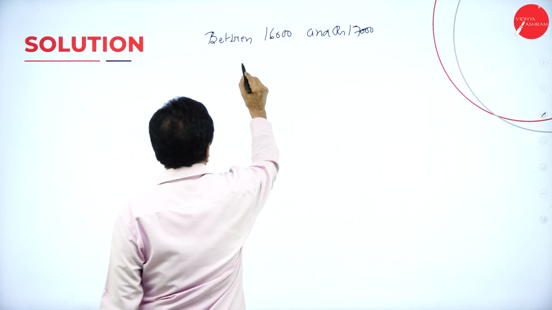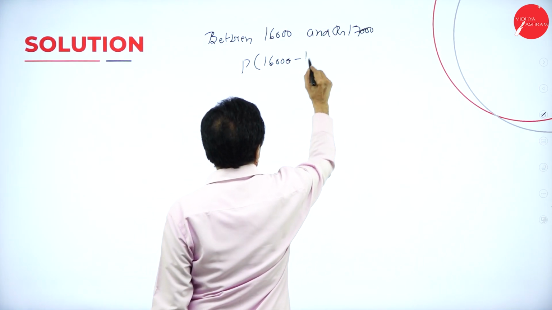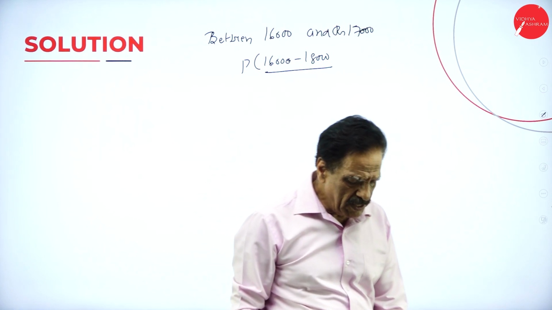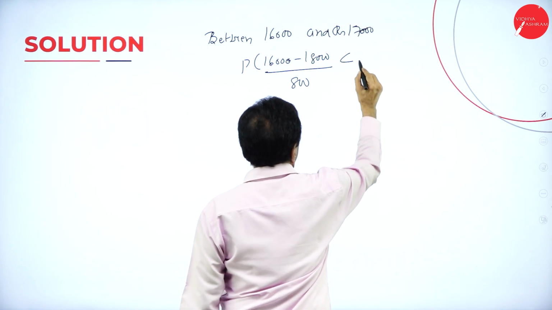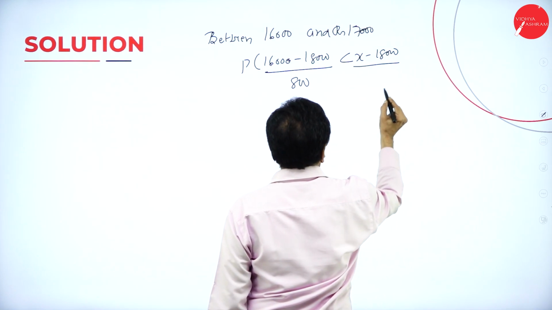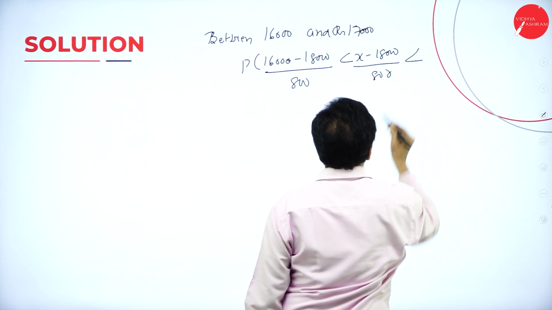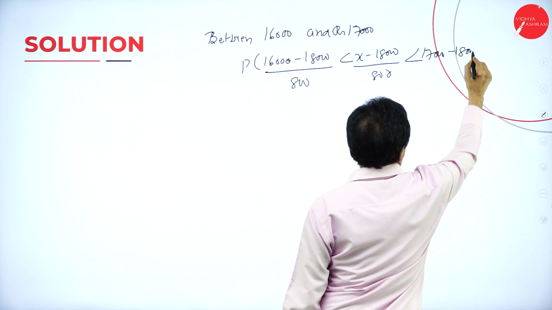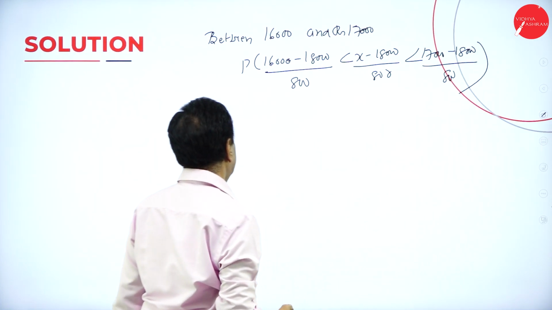So P of 16,000 minus 18,000 divided by your standard deviation 800, less than X minus 18,000 divided by 800, then less than 17,000 minus 18,000 divided by 800.